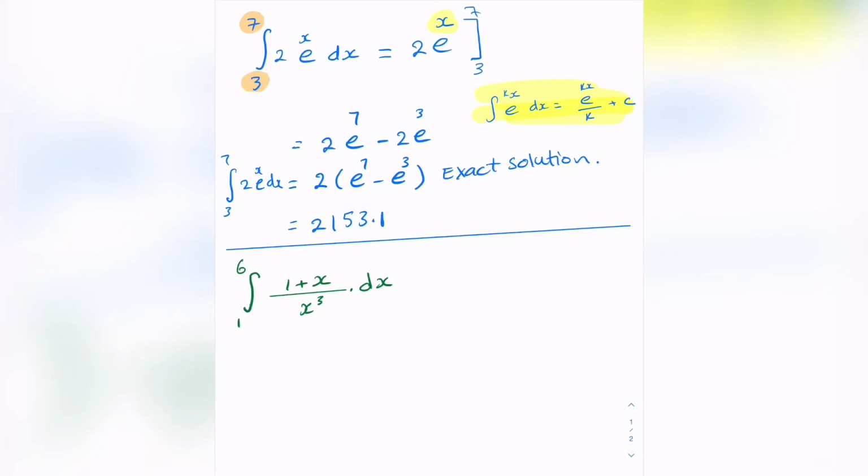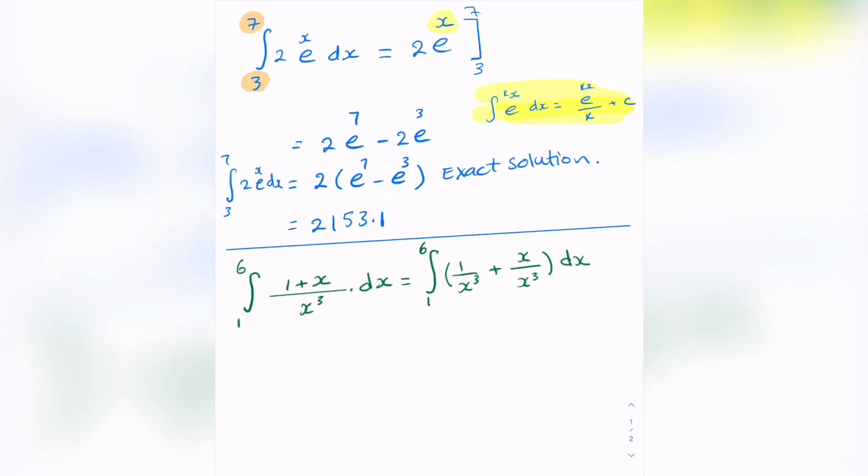Okay, so in this case, maybe the easy way to do it is we can split this fraction. So you can write it this way: integration from 1 to 6 of 1 over x cubed plus x over x cubed, this dx.